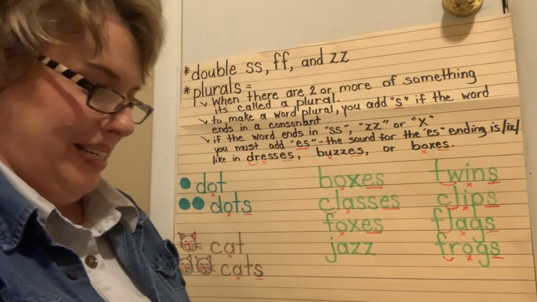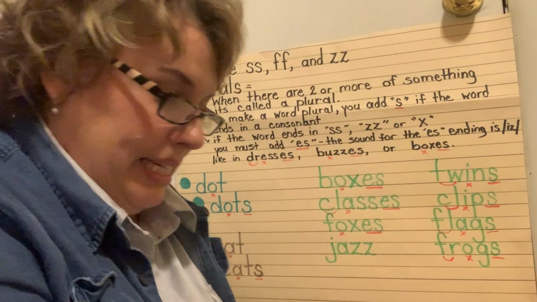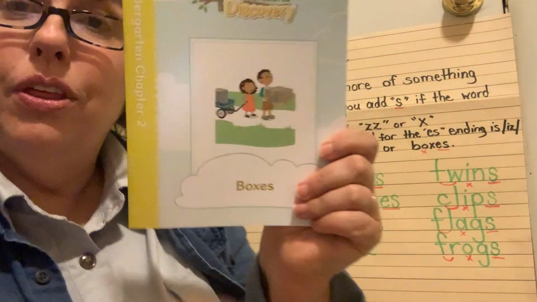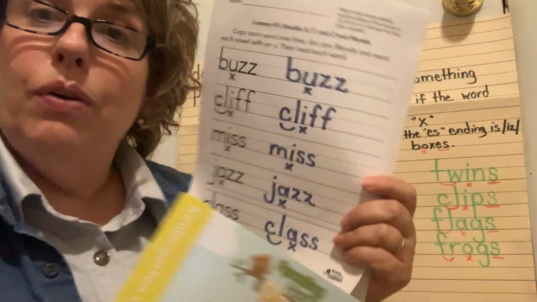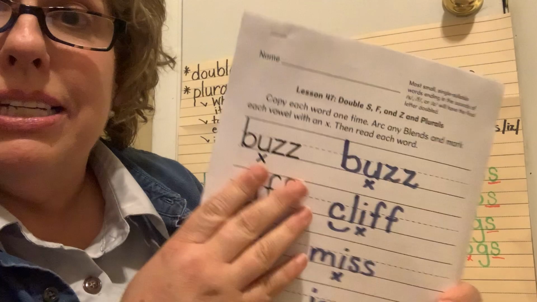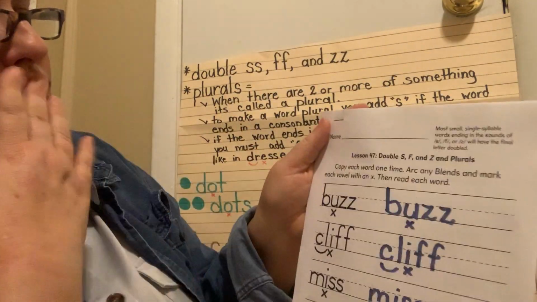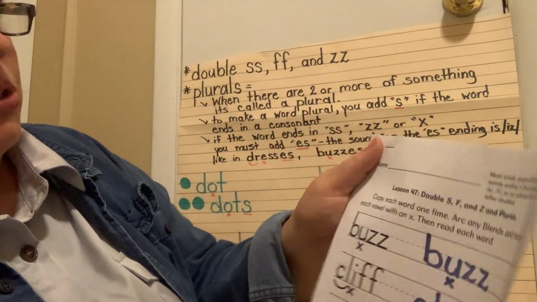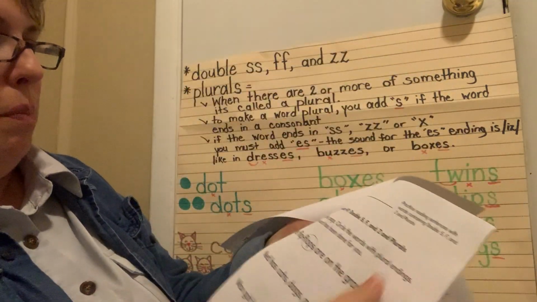Look at that. Now, before we go, it's getting almost time. The video doesn't need to be too long. I wanted us to read the book together that goes with this lesson. You're going to notice at the end, you go back and practice your packet pages. It says Lesson 47, double S, F, and Z and plurals. You can practice on this page and this page without Miss East helping you.